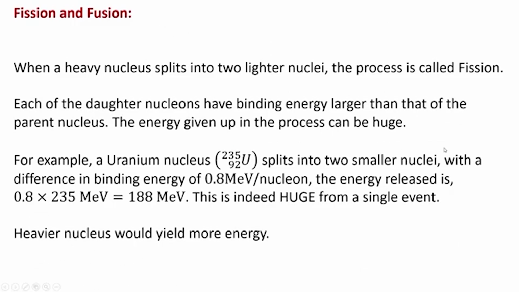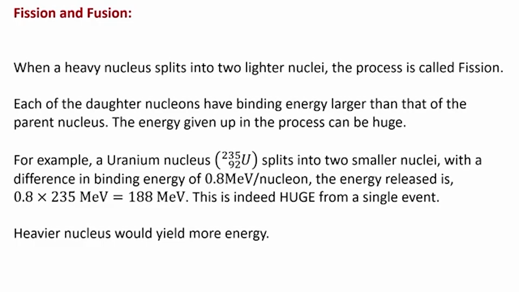So that's the trend of this binding energy versus the mass number. Okay. Coming back to fission and fusion. When a heavy nucleus splits into two lighter nuclei, the process is called fission. Each of the daughter nuclei has binding energy per nucleon larger than that of the parent nucleus.